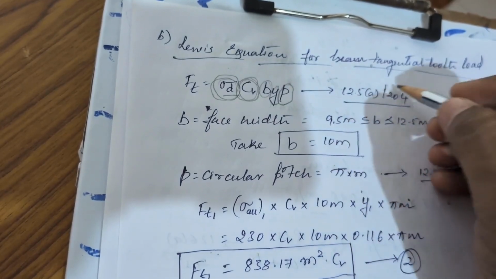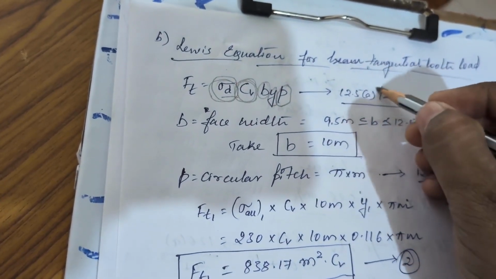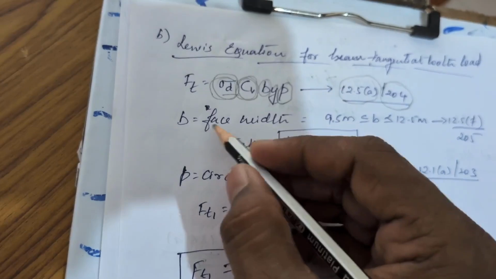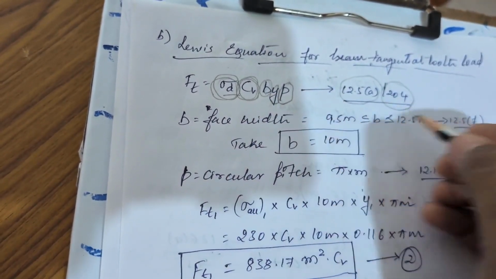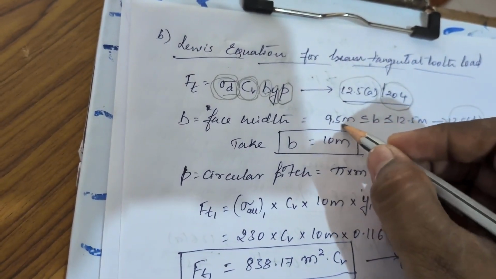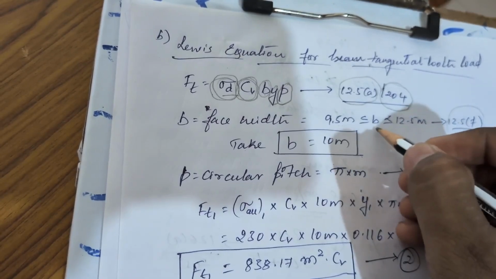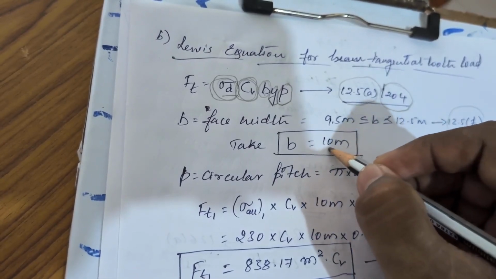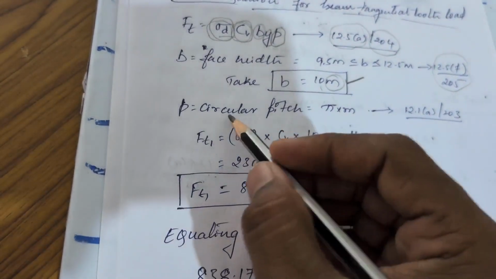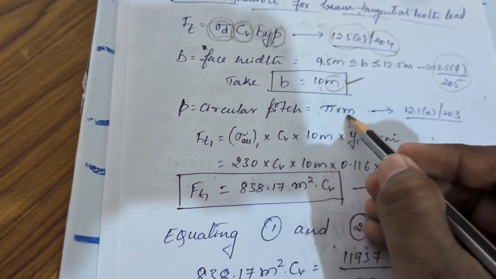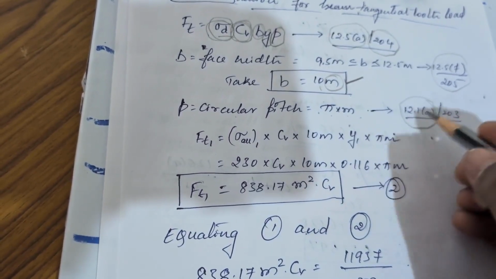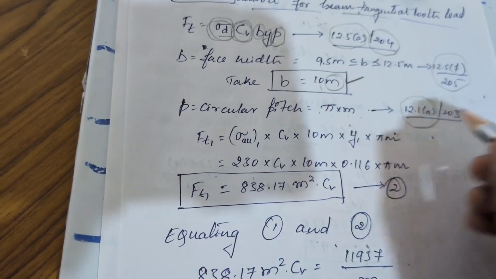This equation is taken from the data handbook, equation number 12.5a, page number 204, where b is the face width, which I have taken from the data handbook. It will be around 9.5 to 12.5. So in between I have to take it as 10 m. m means module, and you know the equation for circular pitch, which is pi into m, taken from the data handbook 12.1a, page number 203.